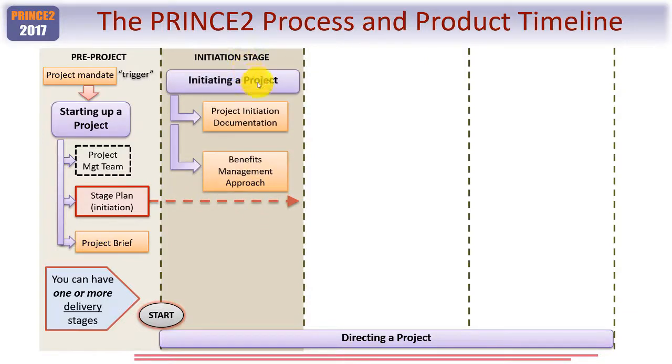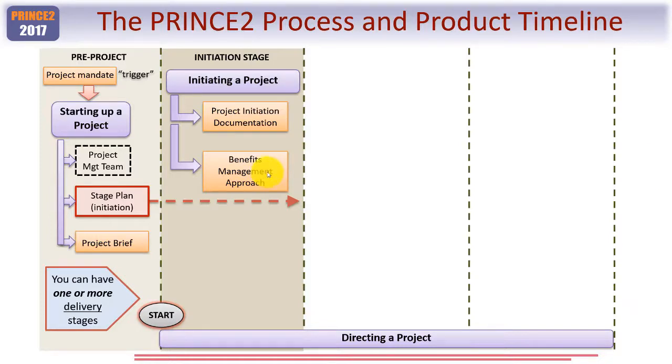Here it's the PRINCE2 process initiating a project that will be used to create the project initiation documentation. And I've called out separately here the benefits management approach, since that will show, as the name suggests, how the benefits will be managed throughout the project. So this one document will continue after the project's finished and be used during the operational life of the project end product.